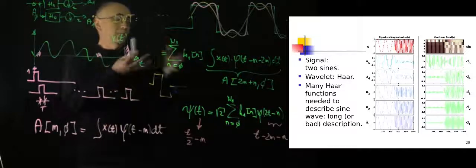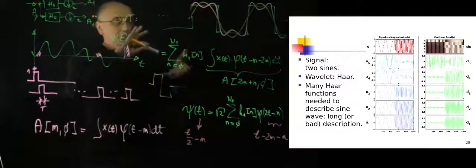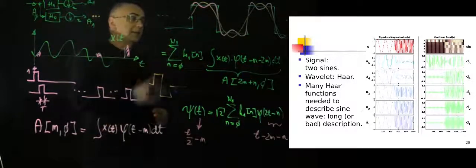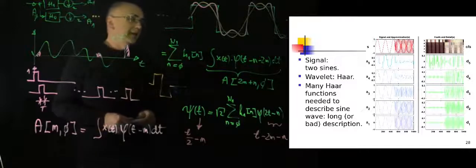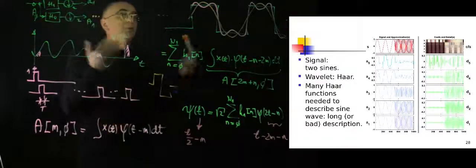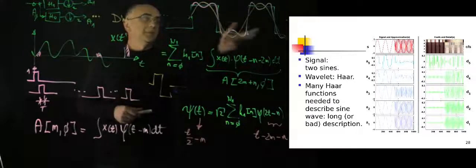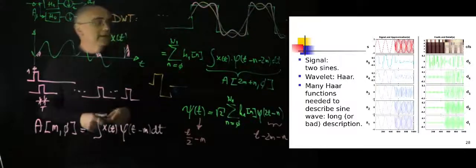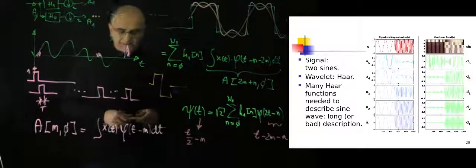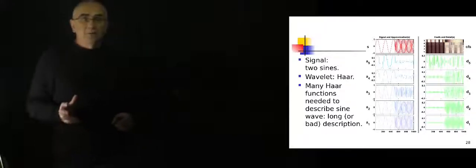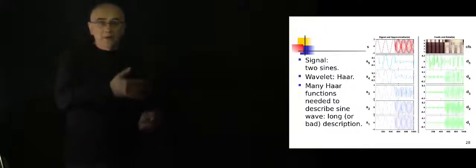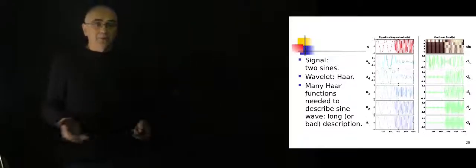It corresponds to the reverse Gibbs phenomenon, as we know from signals and systems and other courses. So probably it's not the best idea to decompose sine waves using the Haar wavelet transform.